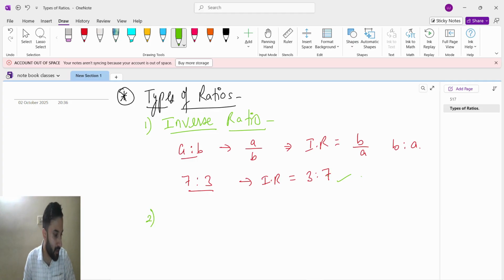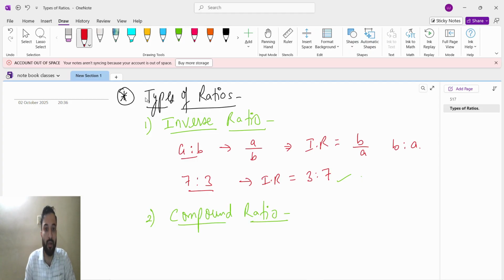Second is compound ratio. Compound ratio is a very simple thing, guys. Compound ratio means the multiplication of antecedents divided by the multiplication of consequents. Compound ratio is denoted by CR.